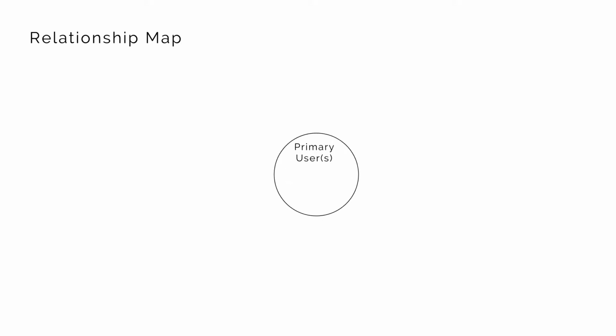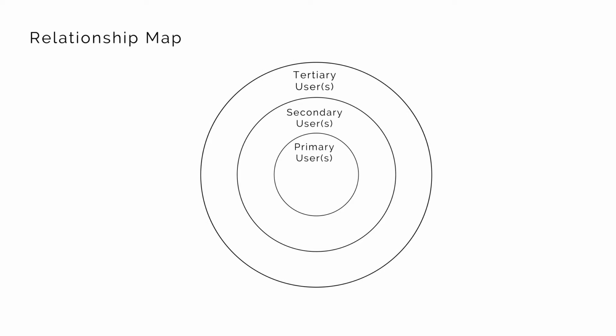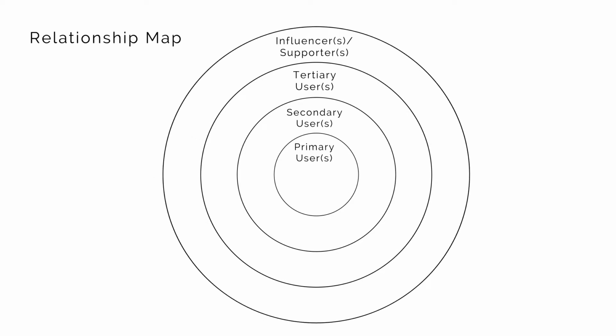The first method of relationship maps is really looking at the relationships and interactions between your stakeholders and user groups. There is your primary user, your secondary user, your tertiary user, as well as influencers and supporters.